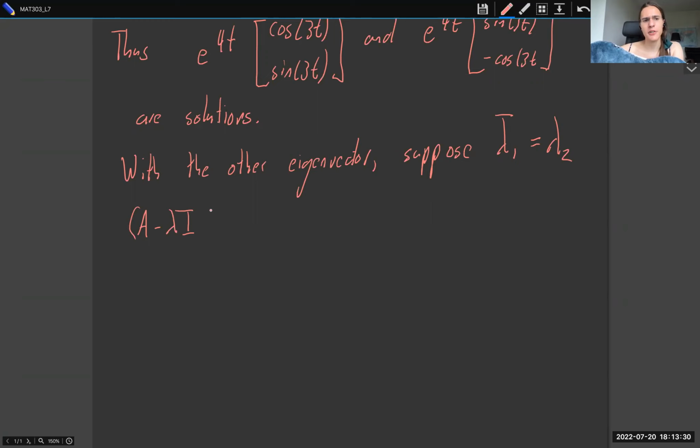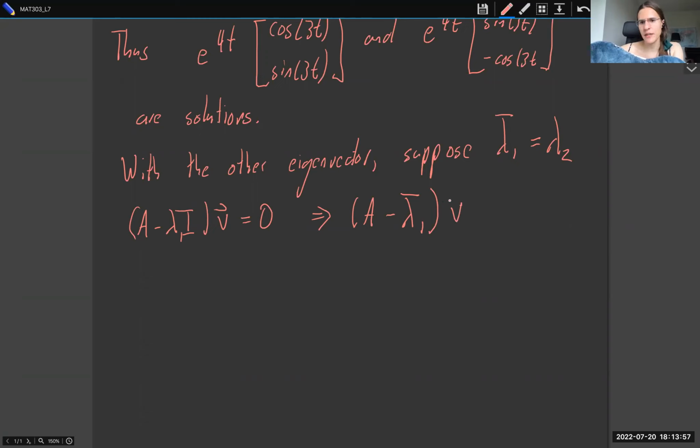And if we have a vector v in the kernel that's equal to 0, then what that implies, let's say for lambda 1, is that if we take the complex conjugate of both sides, I'll write lambda 1 bar. Now, A is entirely real, and complex conjugates distribute over multiplication of matrices in general.